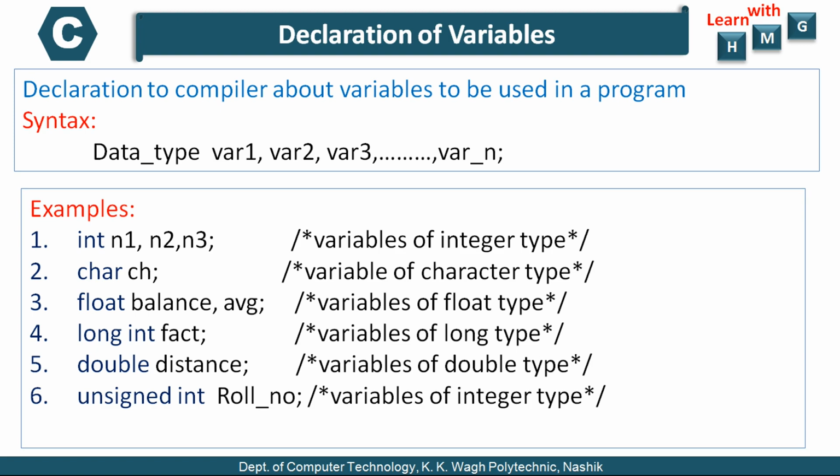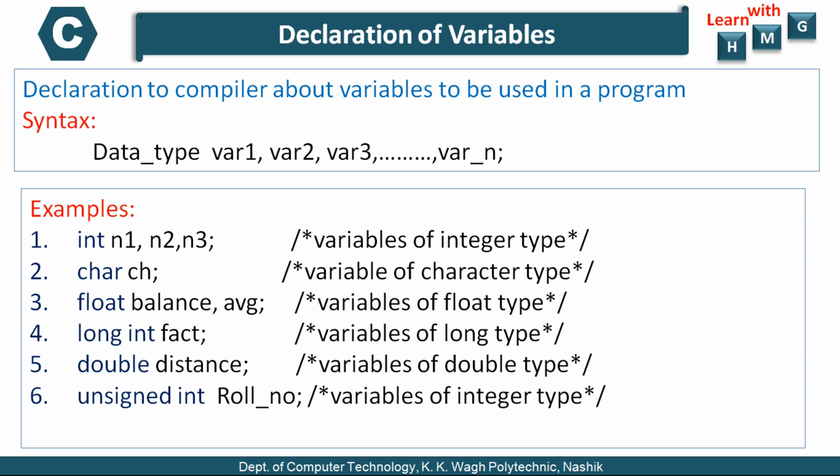Generally integers are with sign, plus or minus, but if you want to use only positive integers, you can use the unsigned keyword. Unsigned int roll number, because the roll numbers of students are always positive. Here the variable will store or represent only positive integers.